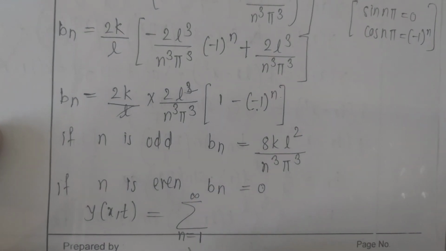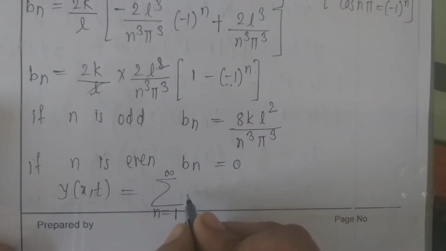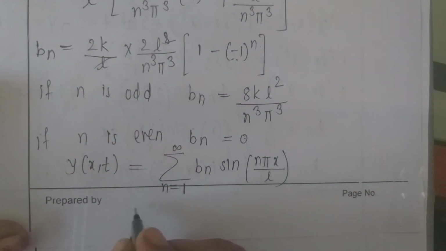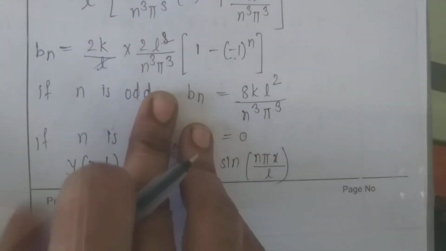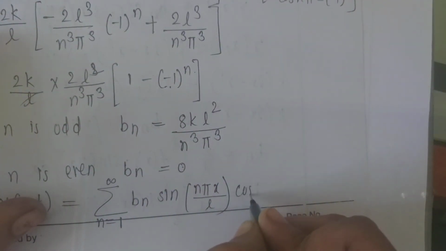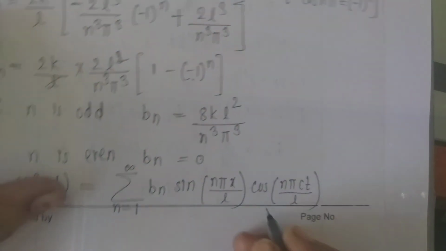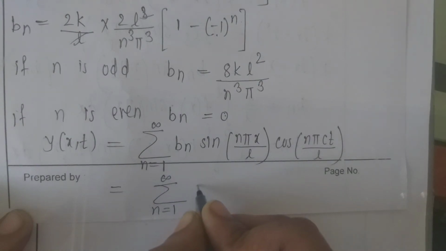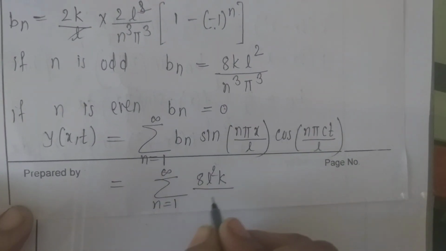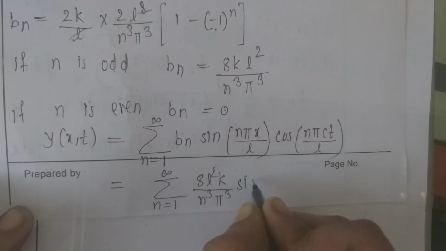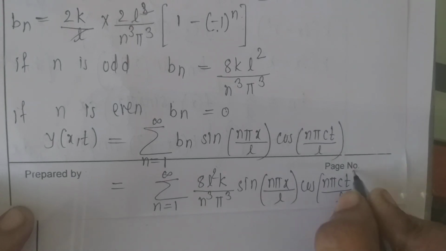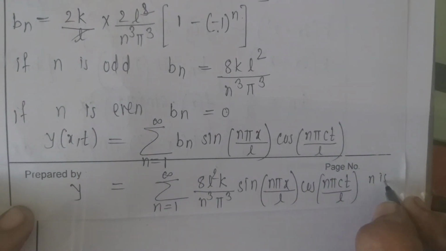We know that in the Fourier series, the summation starts from n equal to 1 to infinity, Bn into sine of n pi x by L, multiplied by cos of n pi ct by L. Now substituting the value of Bn, it is equal to the summation n equal to 1 to infinity, where the Bn value is 8L square k divided by n cube pi cube, multiplied by sine of n pi x by L multiplied by cos of n pi ct by L. And this solution we obtained is for n odd.